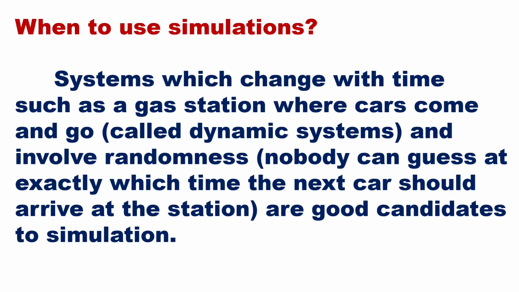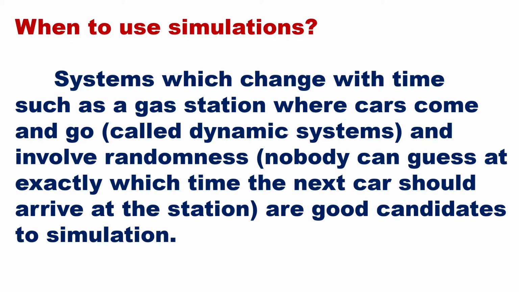When to use simulations? For every real system, are you going to have a simulator? When do you want a simulator? Systems which change with time, such as a gas station where cars come and go, are called dynamic systems, and involve randomness. Randomness means nobody can guess at exactly which time the next car will arrive at the station.